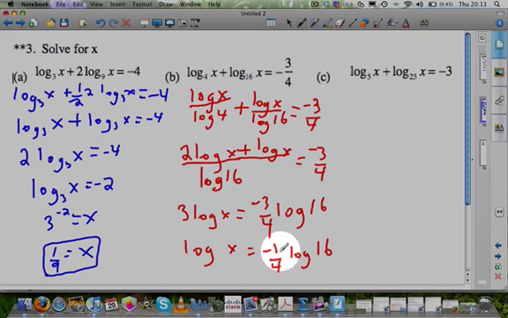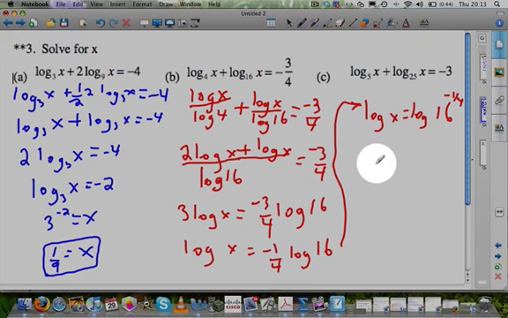And then this can come up here using the laws of logs, and we end up with log x equals log 16 to the -1/4. So the 4th root of 16 and negative gives us x equals 16 to the -1/4. 4th root of 16 is 2, and negative puts it down, so x equals 1/2.